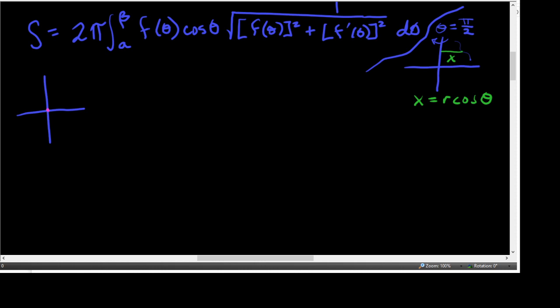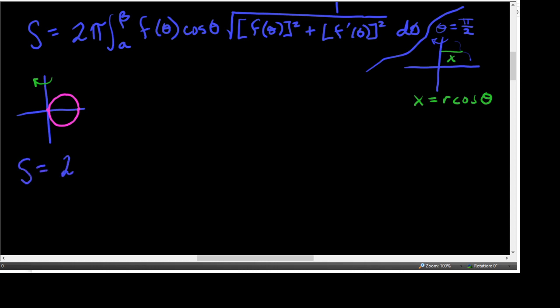Since it's r equals 1 cosine theta, the diameter is 1 and the center is on the x-axis. So here's where 1 is, and we have a circle that looks like this. And we're revolving that circle about the line theta equals pi over 2, aka the y-axis. So that means we're using the second formula that I went through just a moment ago, because we're revolving about that axis.